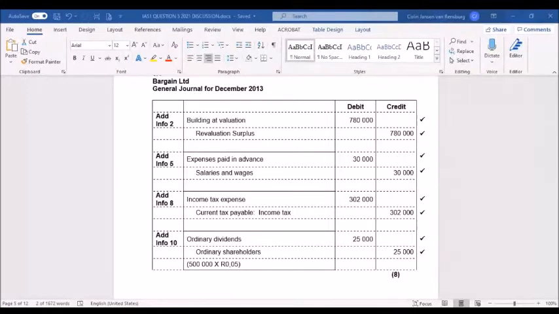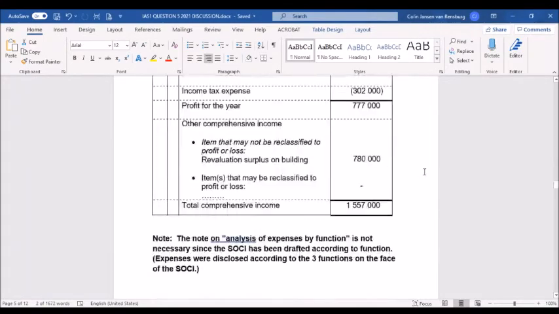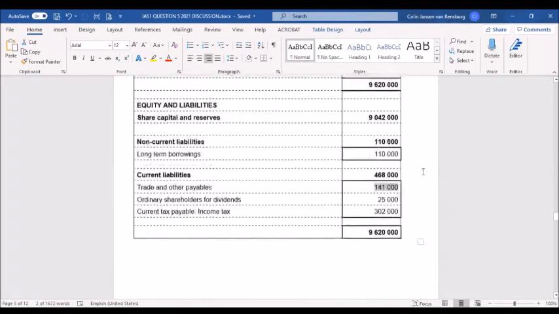We accrued that income tax expense, but as we said at the time, we also raised the liability towards the tax authorities, right? So that credit, the current tax payable income tax, there we raised a new current liability. So that one, we mustn't forget about. That one we must go and include in our statement of financial position.